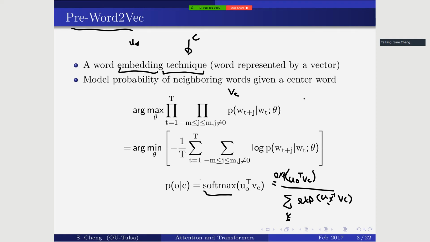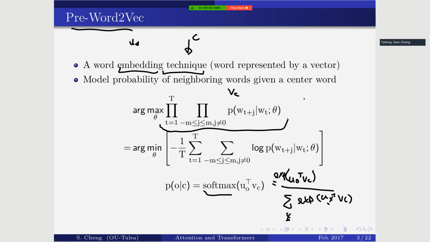So this is a model. Now next, maybe we step back a little bit. What's the embedding vector? What's the representation here? If I have the model after training, assume that I train it and maximize this probability.